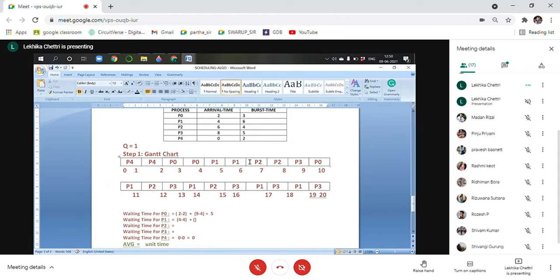So we leave it. So has P1 reappeared in the future? Yeah. When it has come, see, this 11 is for this bar.